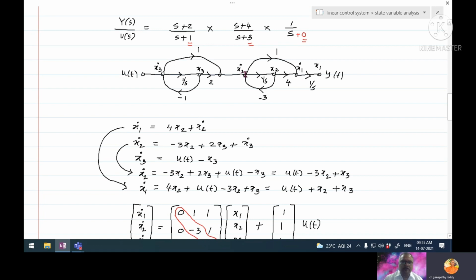Next, the x2 dot equation: this output x2 dot is minus 3x2 plus 2x3, and here in between this is also 1.